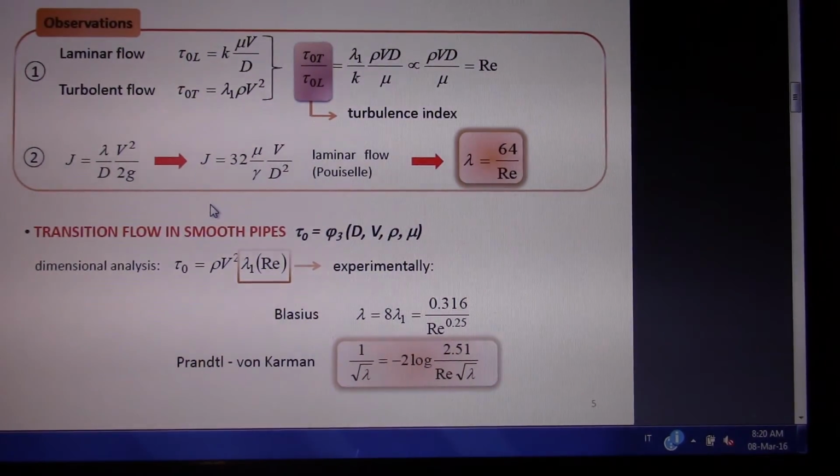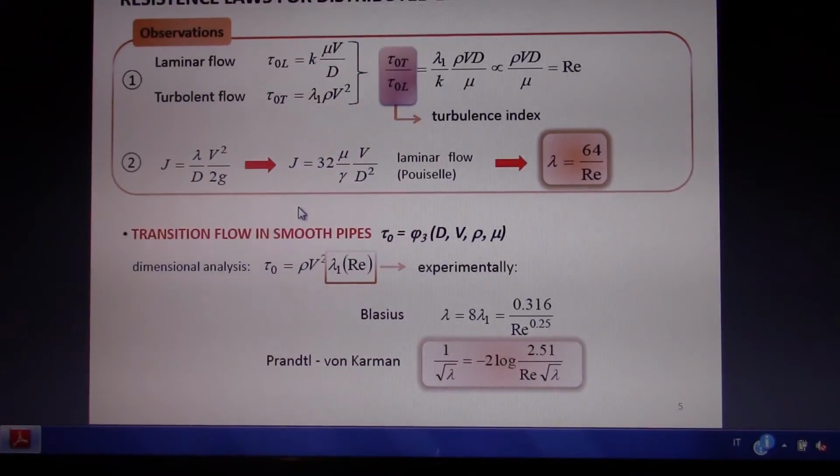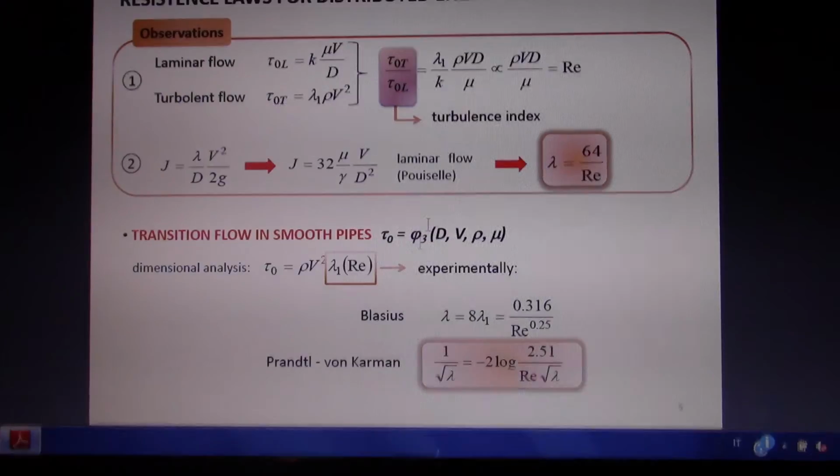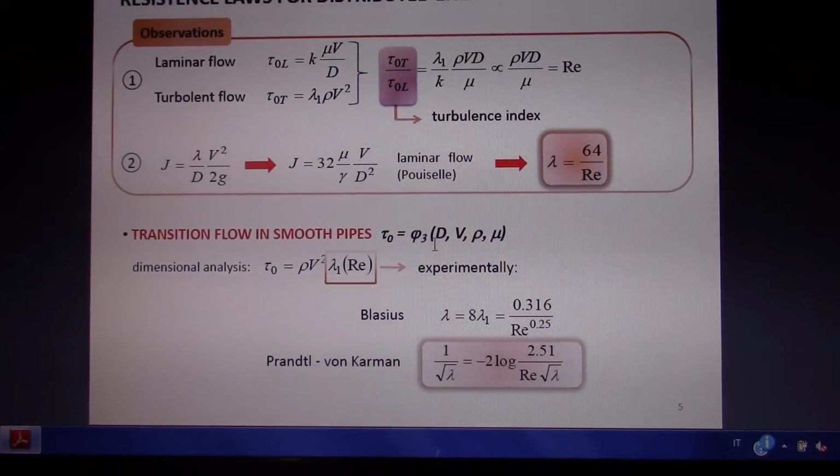And let's try to define the third case, which is the transition flow in smooth pipes. In this case, the tangential tension is a function of the diameter, the velocity of the flow, the density and the dynamic viscosity.